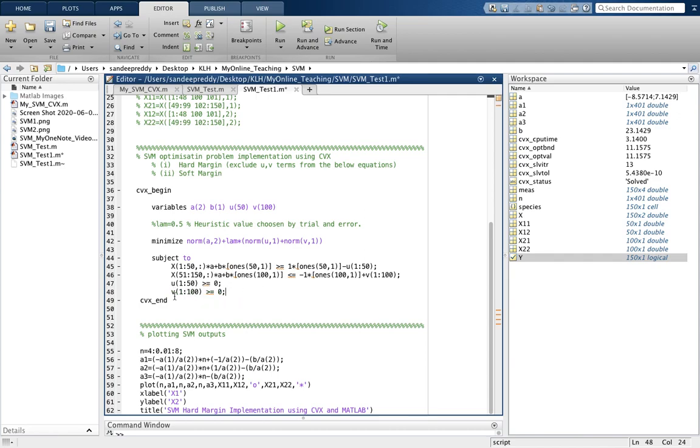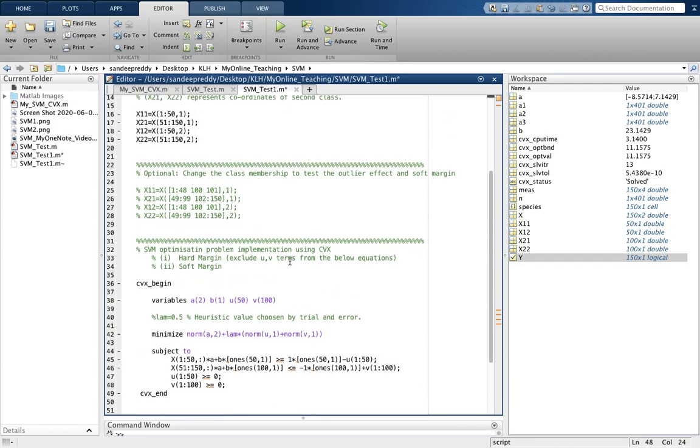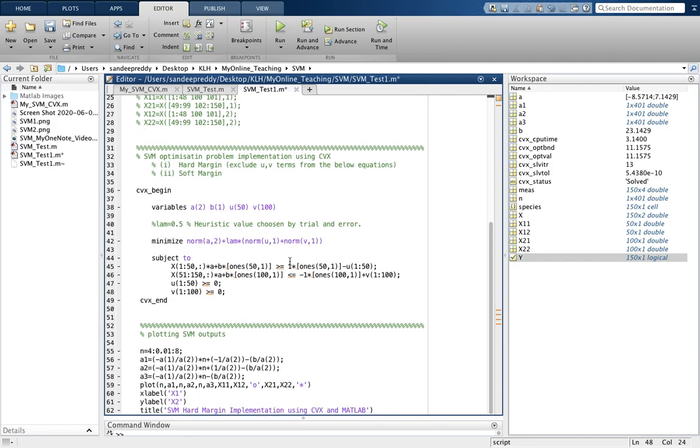So these are epsilon i's. Here u and v represent the equivalent of epsilons, so there is a slight variable change which I have used. Let me run this. I also need to enable lambda. I'm doing it first for 0.5.